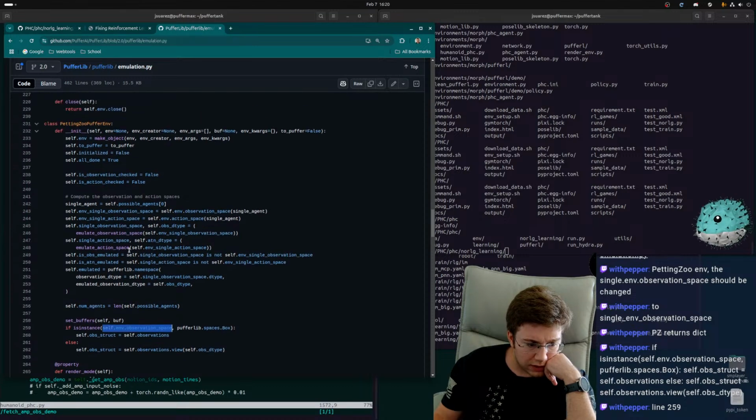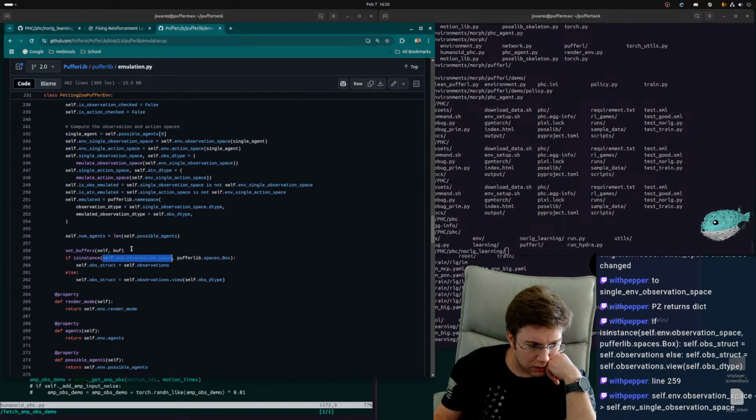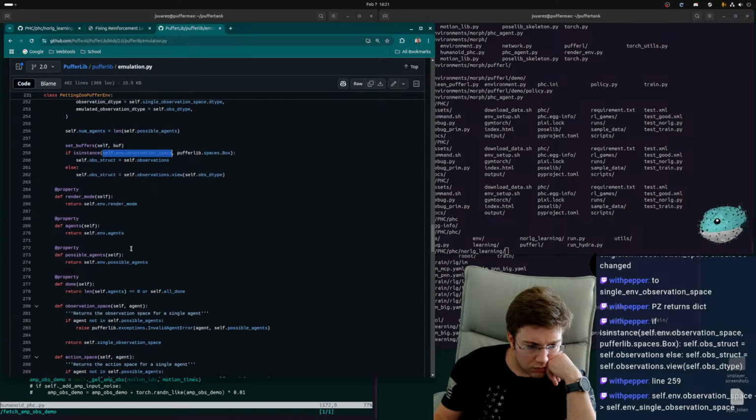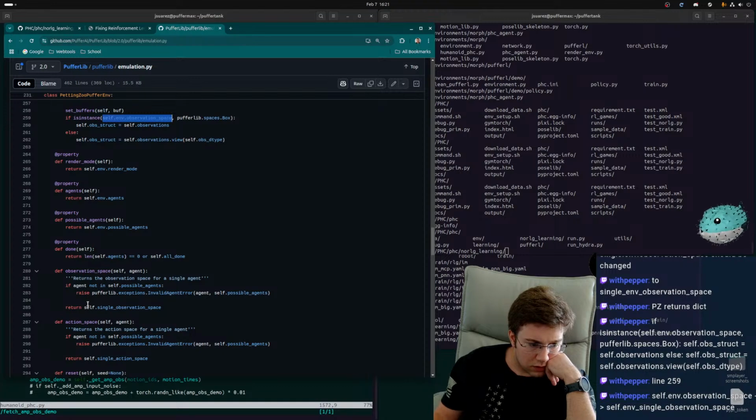I think you're right. I think I do have it as a dictionary. Wait, this doesn't return the dictionary though. No, wait, when you call observation space in PettingZoo as a function, right? You pass it an agent.